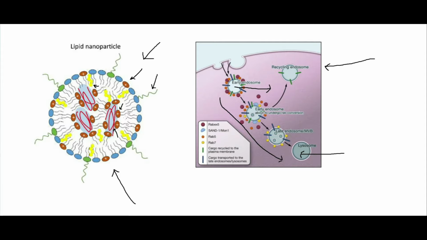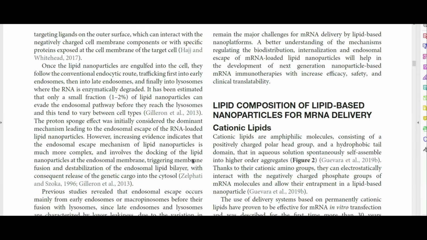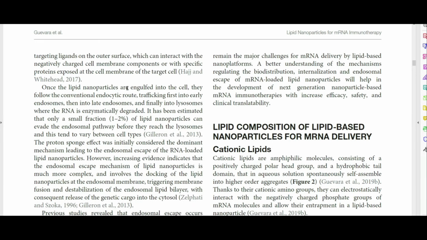So you want these lipid nanoparticles to escape from these endosomes early on before they get to that lysosome stage. The endosomes evolve by having different proteins on their surfaces and different phospholipid bilayer composition. I'm not going to go too deeply into that, but this is the way these lipid nanoparticles are brought into the cell. I have that paper right here, and they are engulfed into the cell.